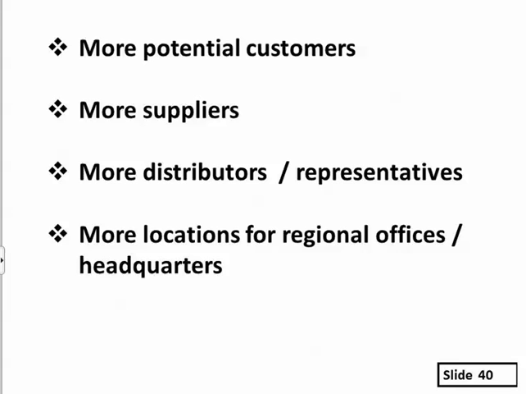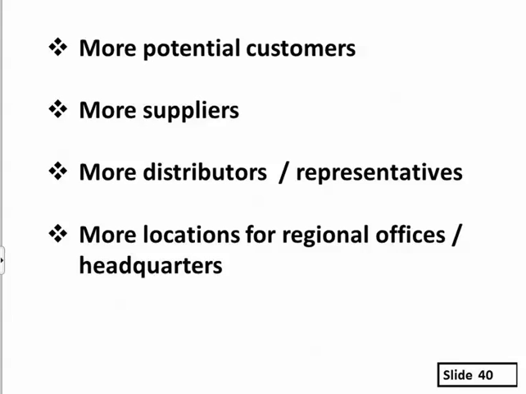Well, first off, there's the potential for many more customers. Once you've gone through and basically saturated the market in your country, if you're able to go to other countries, then that gives you the potential of many more customers. Remember, there are almost 9 billion people in the world today. Many of them are well enough off to be able to afford to buy things.